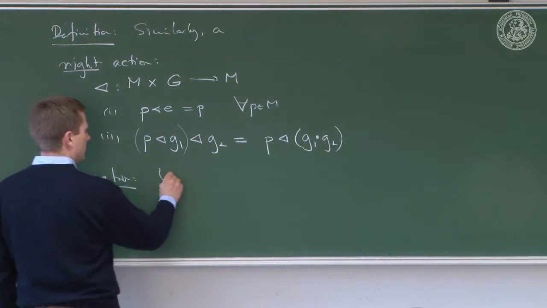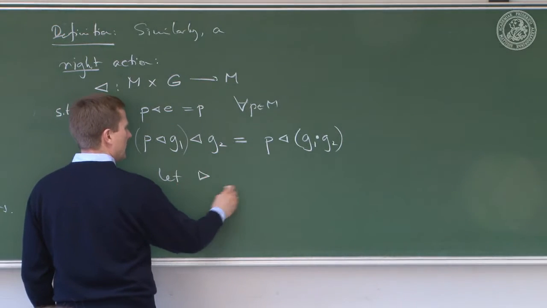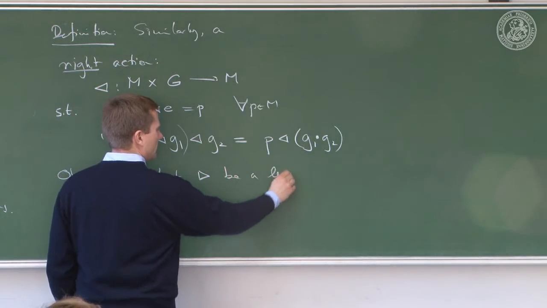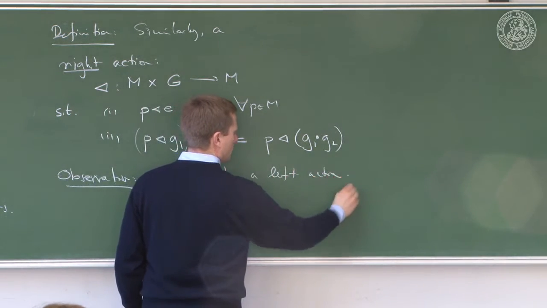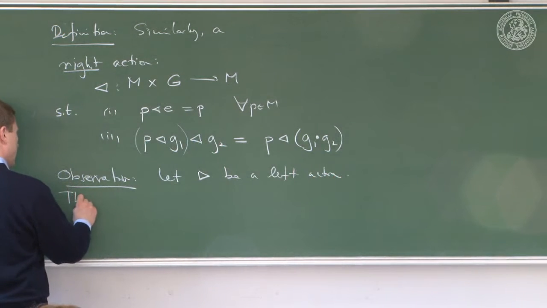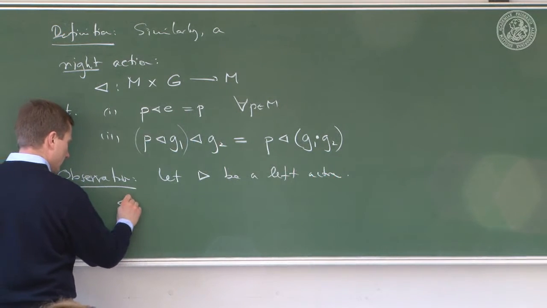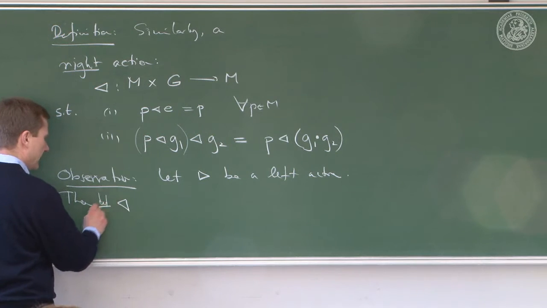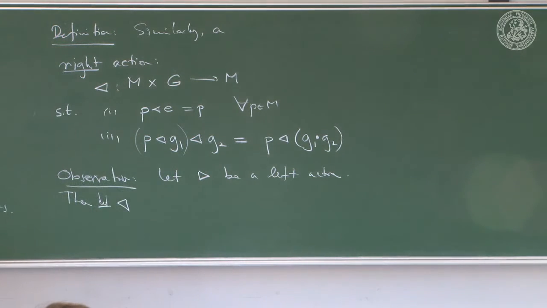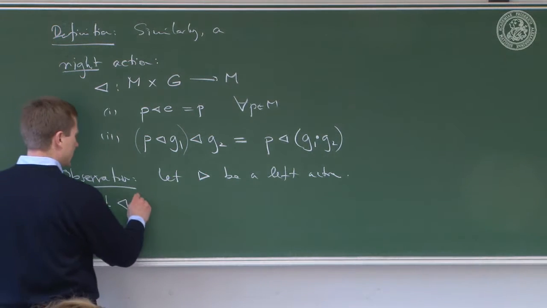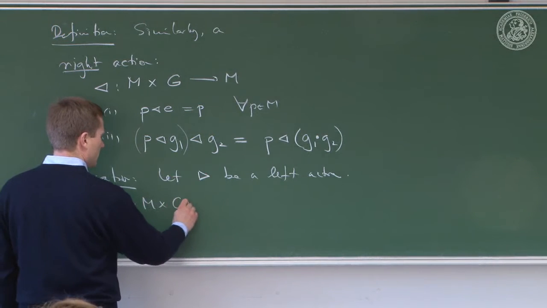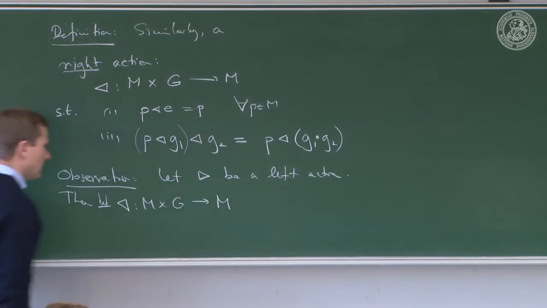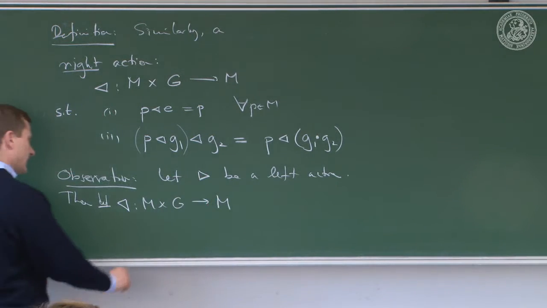and that is: let this guy be a left action. Then we can actually define a right action from it. You've got to be careful which direction this guy points. A right action which goes from M cross G to M can be defined this way.